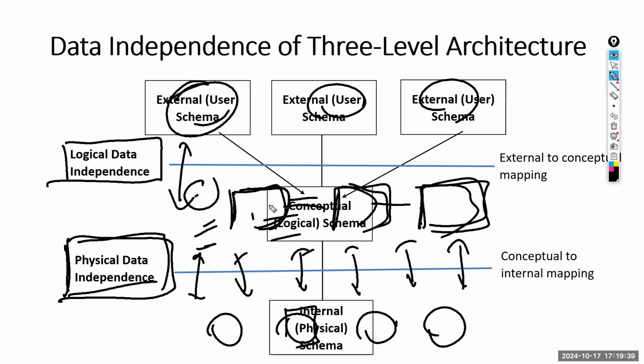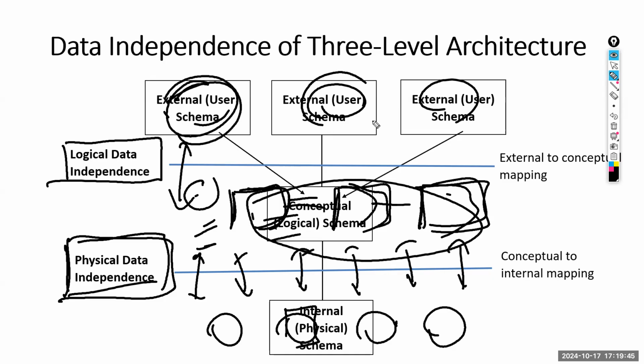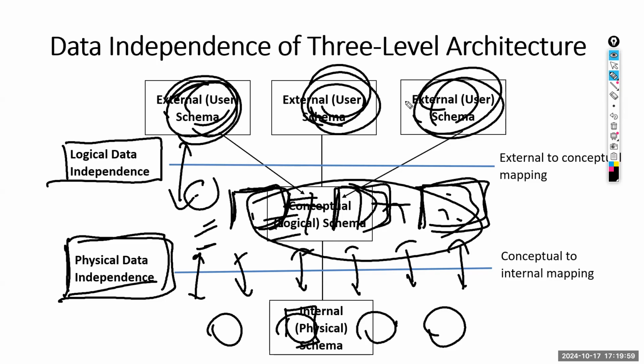We have the flexibility to change the conceptual schema without much effect on the external, the user layer concepts. But again, it is a little bit of flexibility, not 100% flexibility. It doesn't mean that you can completely change these things without affecting this, but you have a bit of flexibility, right?